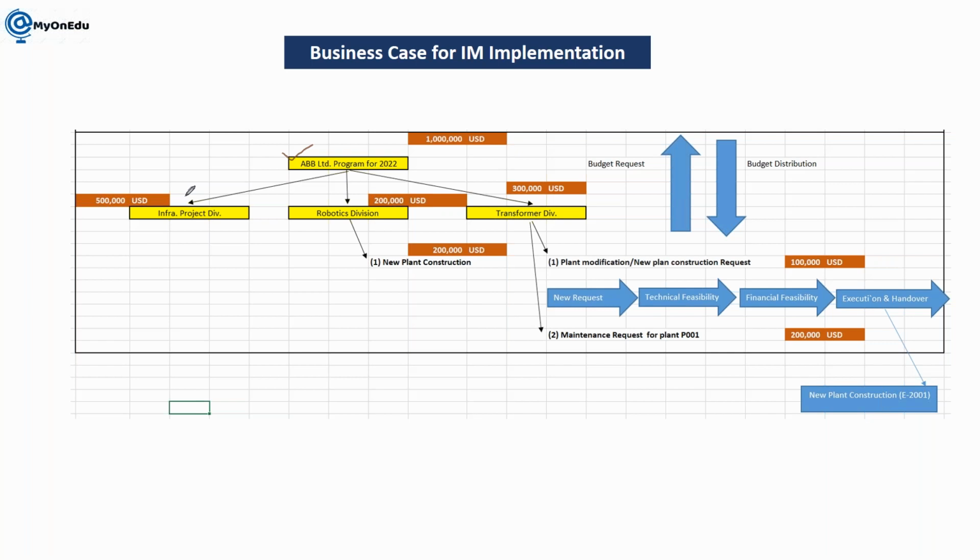Customer project. Whenever they get any requirement for electrification in a particular area, this infrastructure division is bidding, they participate in the bidding, and once the contract is awarded, they deliver this project.